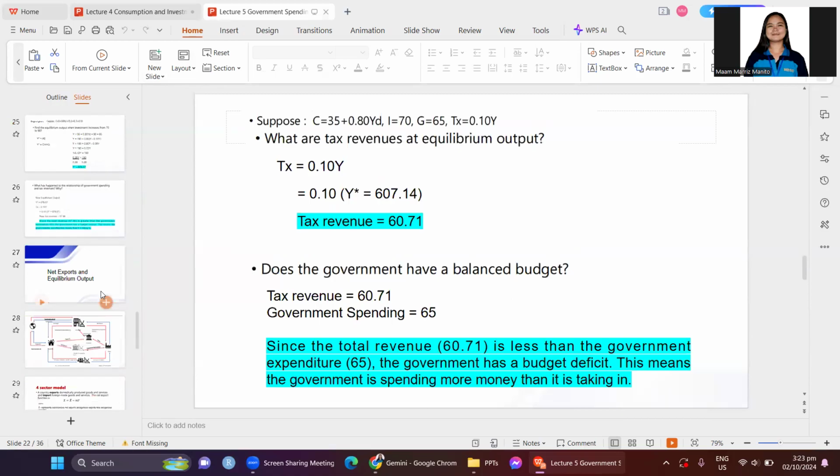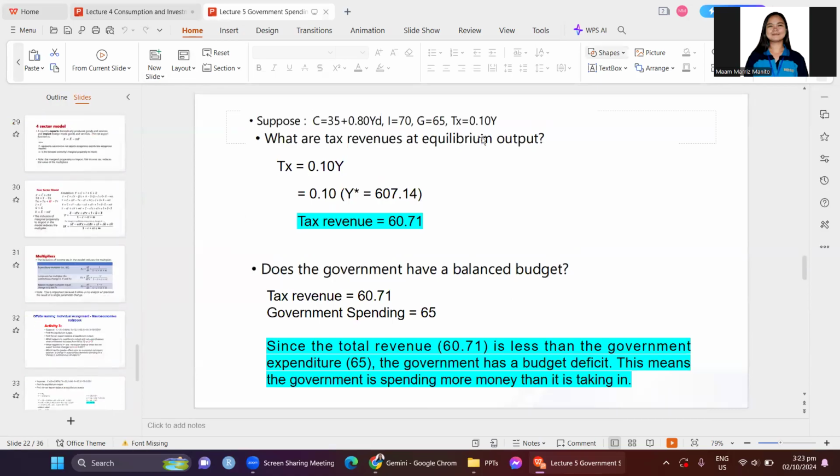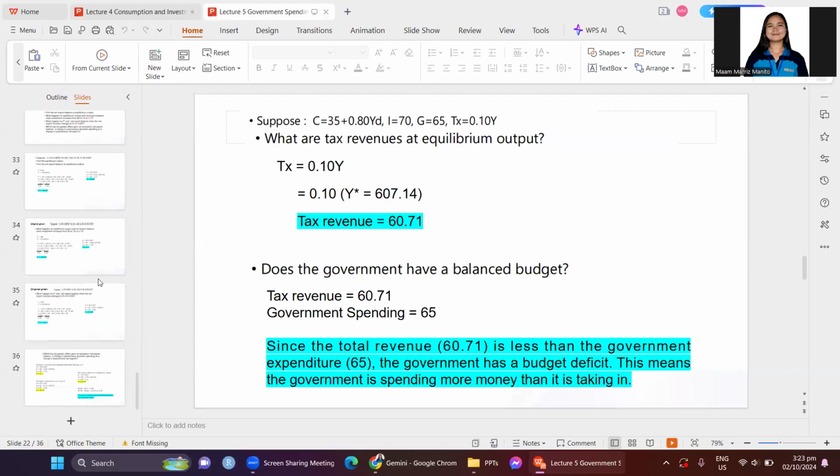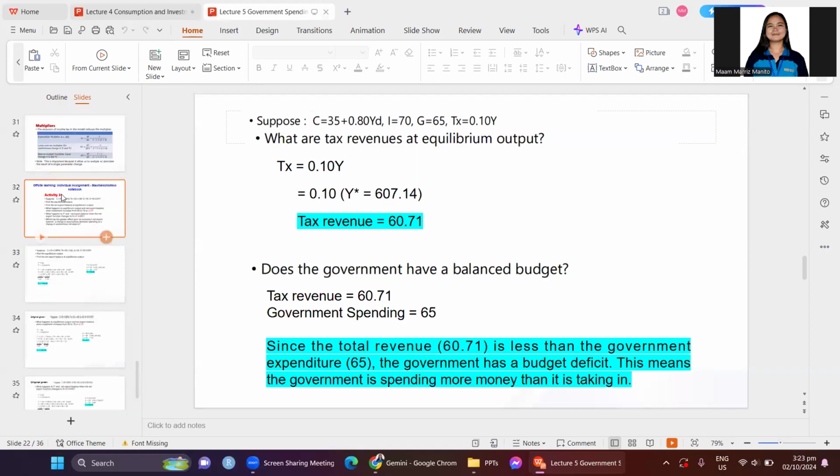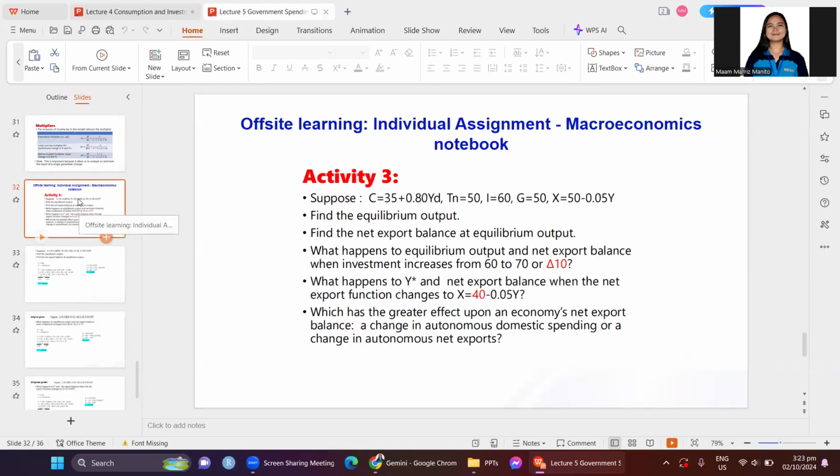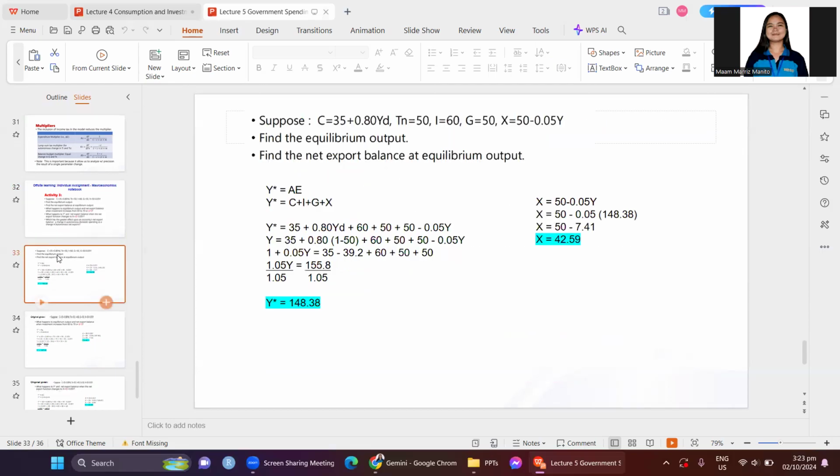Okay. So let's move forward to the next assignment under the same lecture. That's assignment 3 rather. So we have this question. Let's start with the first one. Find the equilibrium output given the following. So now in this particular assignment, export is included.